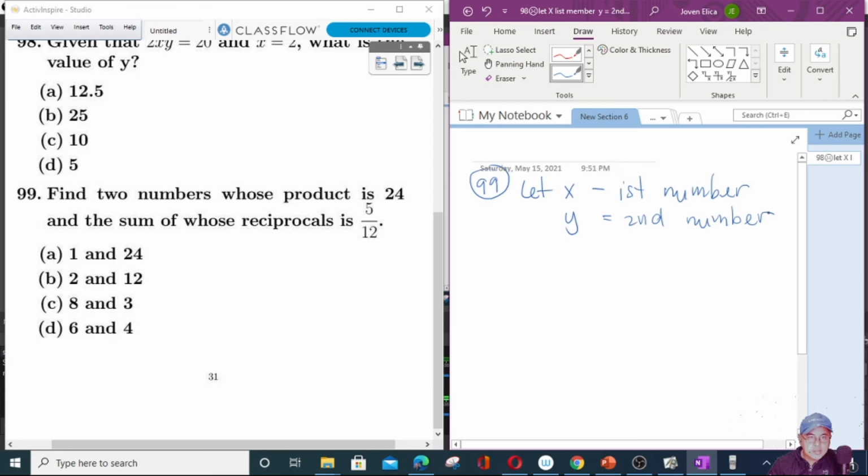The product of these two numbers is equal to 24. So this is equation number 1. And the sum of whose reciprocals is 5 over 12: the reciprocal of x and the reciprocal of y, 1 over x plus 1 over y, is 5 over 12. Let's say this is equation number 2.